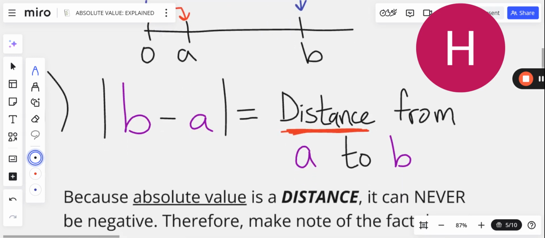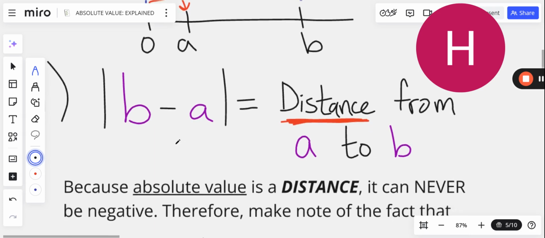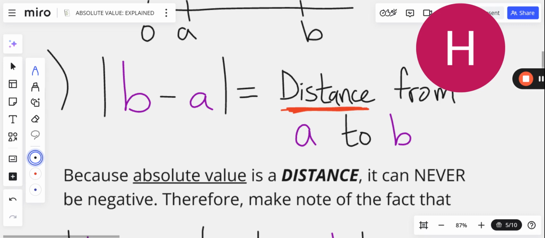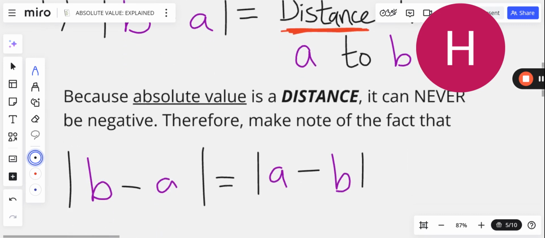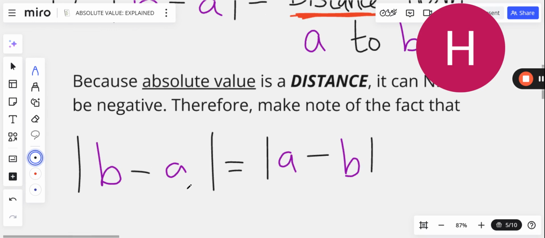Now, since we're talking about distances, they can never be negative. They can be equal to 0, but they can never be negative. So I want you to realize that the absolute value of b minus a is the same value as the absolute value of a minus b, because in both cases we're going between a and b.